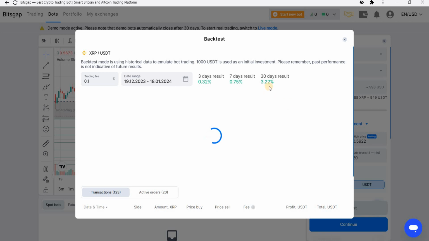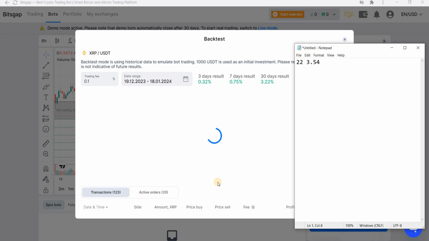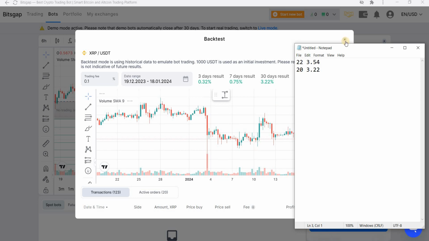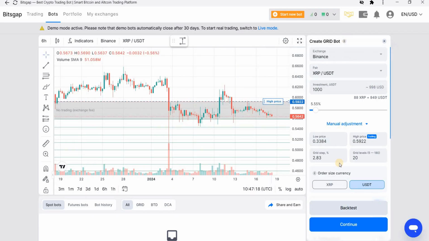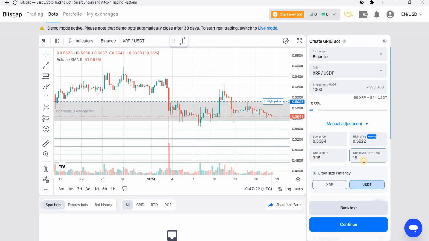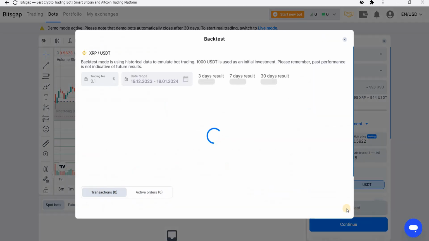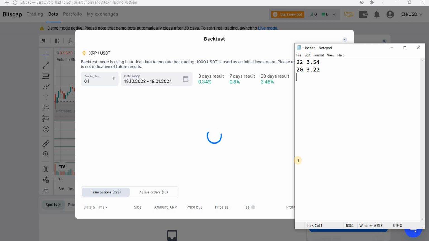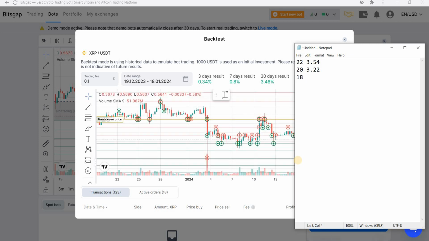Well, that comes up 3.22. So 20 gives us 3.22. Let's try 18. Backtest that. 30-day result 3.46. So 18 gives us 3.46.